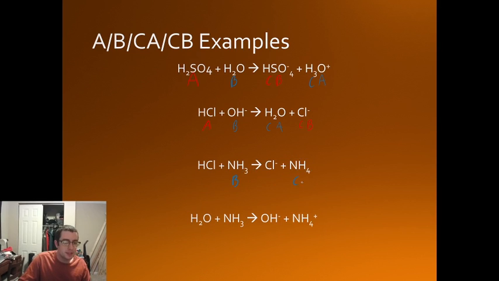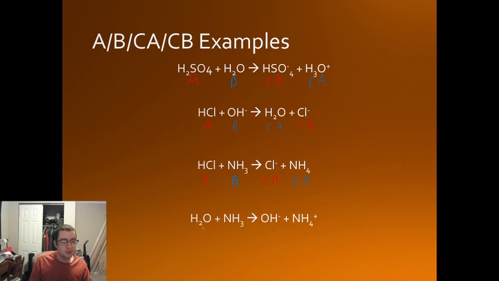But then that also means that this is the conjugate acid, because if we go backwards, it loses that H. Then HCl, we said is the acid because it loses the H, also process of elimination there, which makes this the conjugate base. Again, process of elimination, it's grouped together, and Cl minus turns into HCl if it goes backward. So it gained an H, which makes it a base.